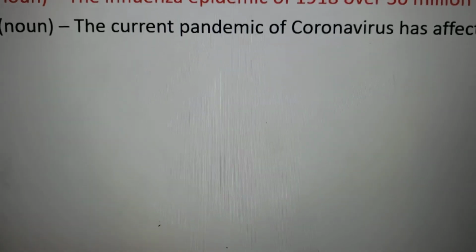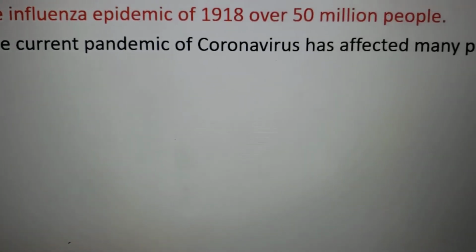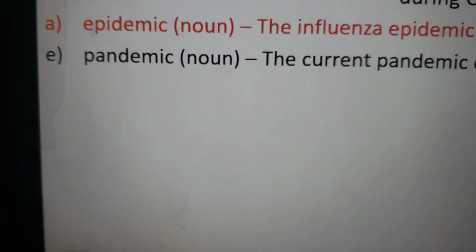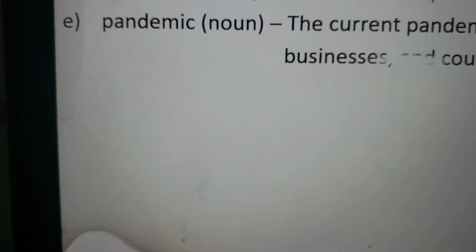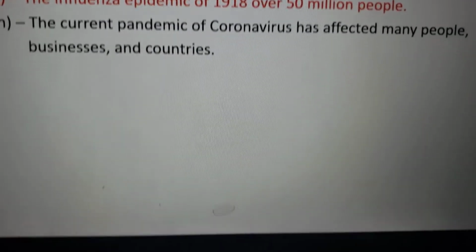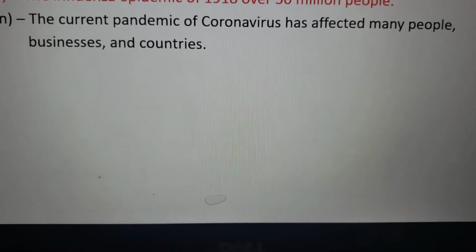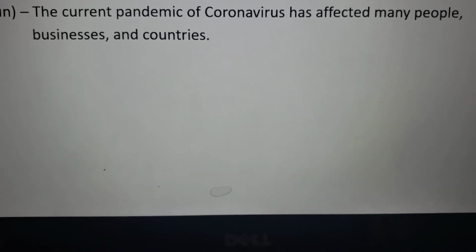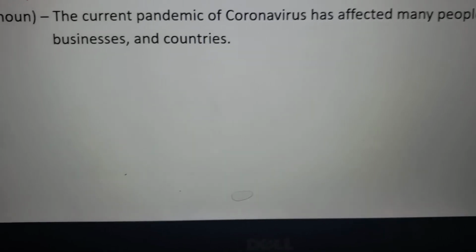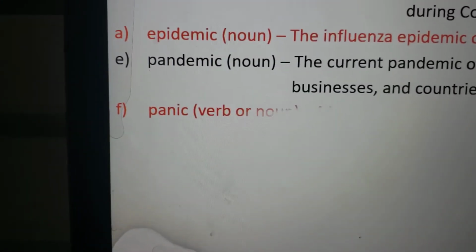Pandemic: the current pandemic of coronavirus has affected many people, businesses, and countries.